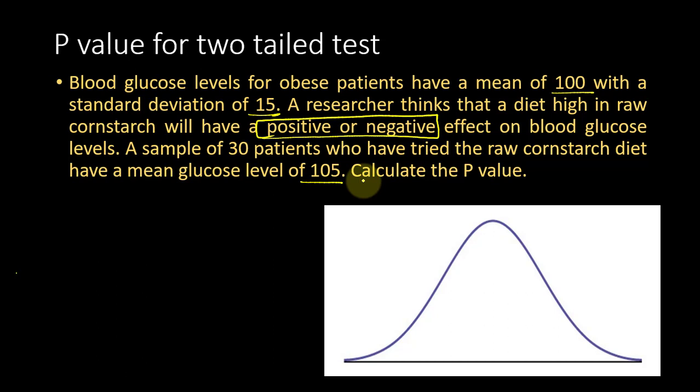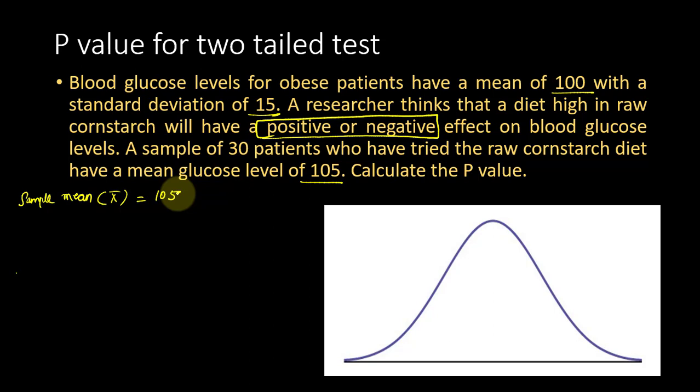Given data from the question, we know that the sample mean, that is x bar, is 105. Now we need to write the null and alternate hypothesis. As we have seen in the previous class how to write them, we will repeat it again.